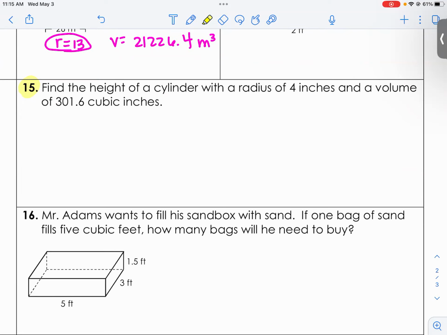I like the number three. This is four. Okay, work on it, I want to know what the height is. I think you can do this. You're finding me the height. You can do it.